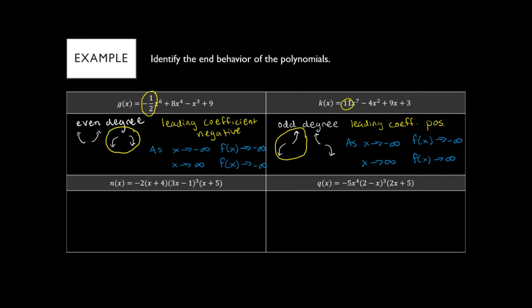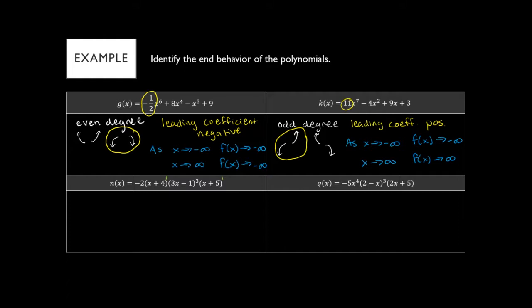So first off, we need to figure out the degree. We have these things that are factored. If a factor doesn't have an exponent, you can put an exponent of 1 on it. So I wrote ones on the n of x because there are 2 factors that don't have exponents on the parentheses, and then we've got one that is 3.